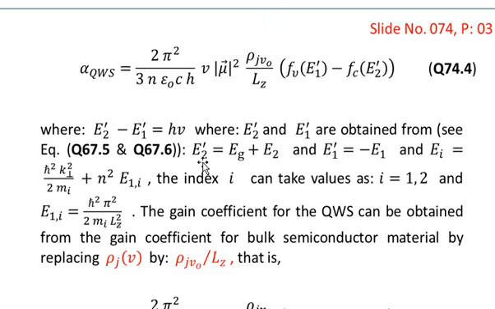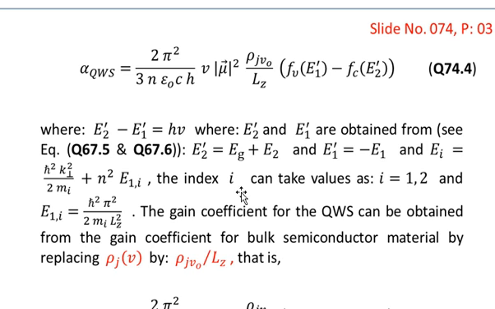So the energy of that level in the conduction band measured from the reference set at the top of the parabola in the valence band is E2 prime is equal to Eg plus E2, and from that one the energy within the valence band will be measured negative, so E1 prime is equal to minus E1, and Ei is equal to h bar square k perpendicular square over 2 mi plus n square times E1i. This expression is also what we have derived in the previous slide, where index i can take the values i is equal to 1, 2.